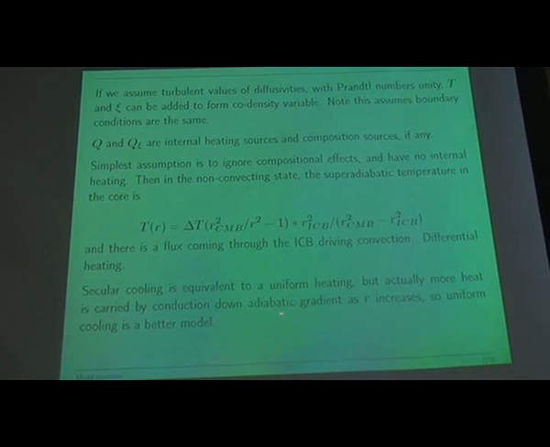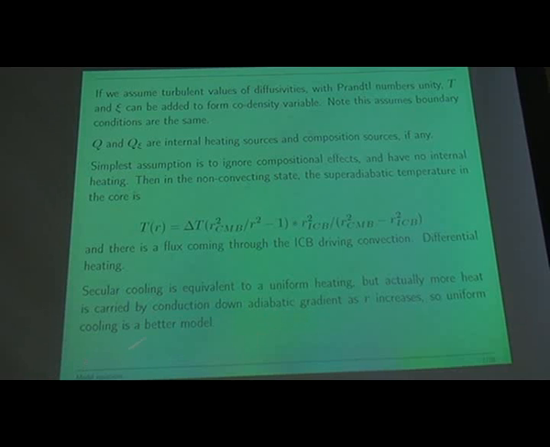Okay, so secular cooling, as I mentioned before, can be thought of as equivalent to uniform heating, and that has also been studied. The uniform heating case has been studied by Fritz Busse and other workers. It's not a very good model of the real core, because more heat is carried by conduction down the adiabatic gradient as r increases.